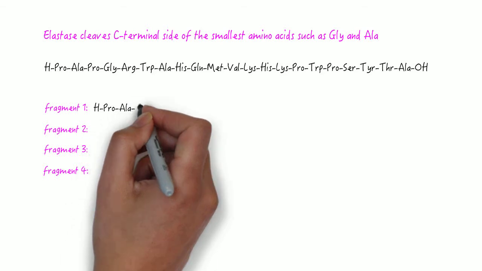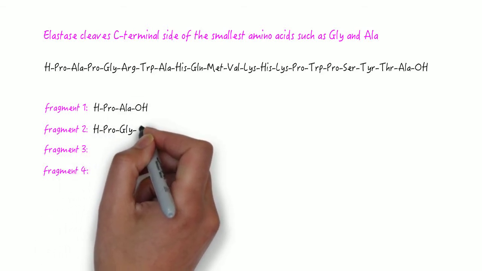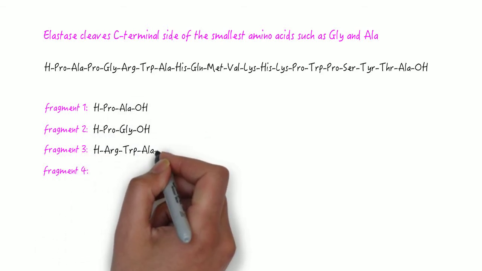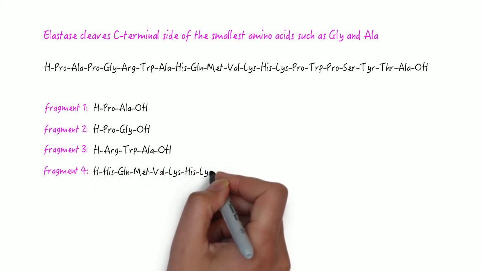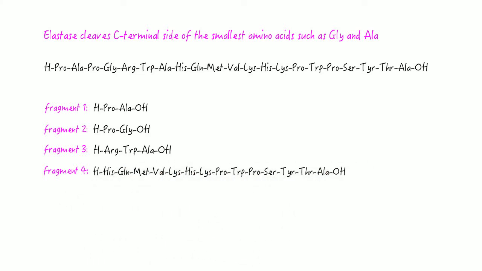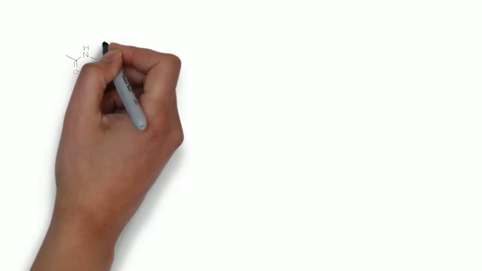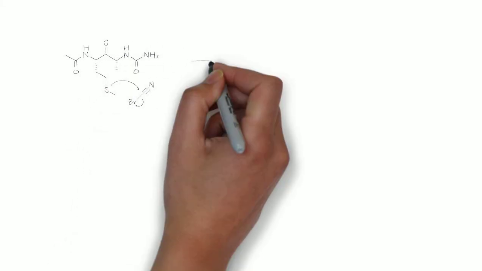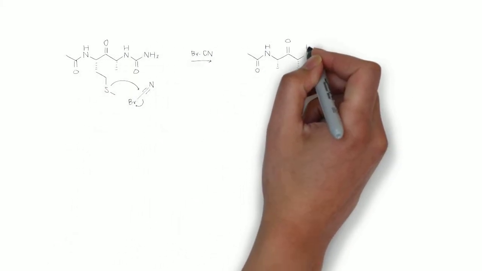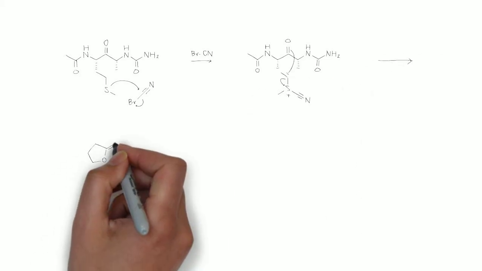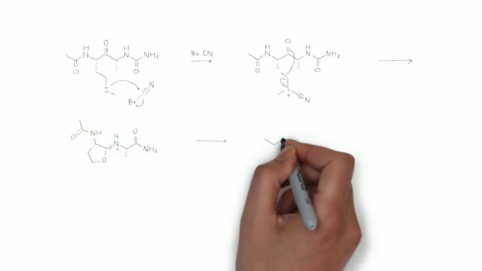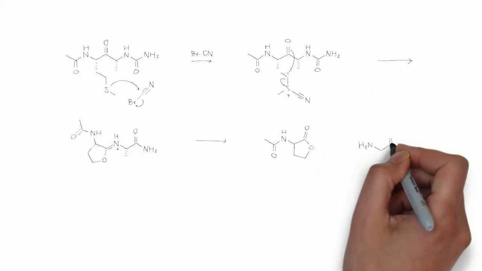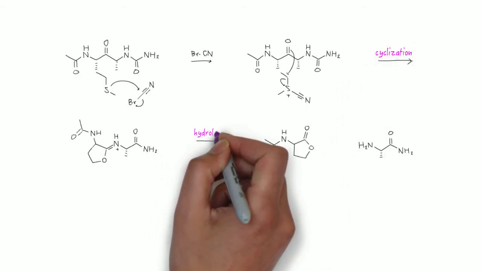Each of these enzymatic cleavages gives smaller peptide fragments with overlapping sequence information, and that enables the whole primary sequence to be elucidated. There are also chemical methods that can be used to cleave peptides into smaller fragments so that they can be characterized. One of these is cyanogen bromide, which selectively cleaves methionine residues.